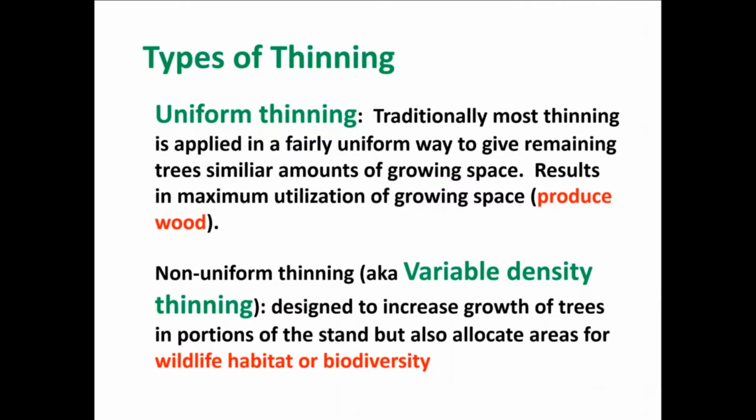And then down in this lower right-hand corner, you see an example of variable density thinning, where you've got areas with no thinning, and then areas where everything's been removed, and then other parts of the thinning. So with uniform thinning, traditionally, most thinning has been applied in this fairly uniform way to give the remaining trees similar amounts of growing space.